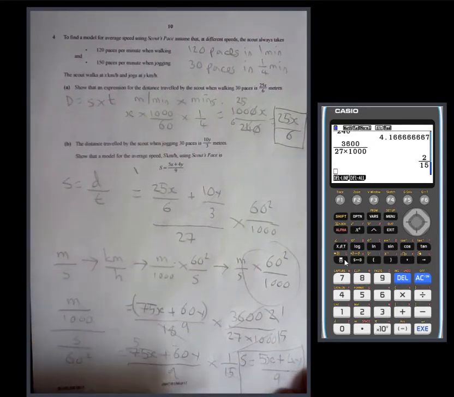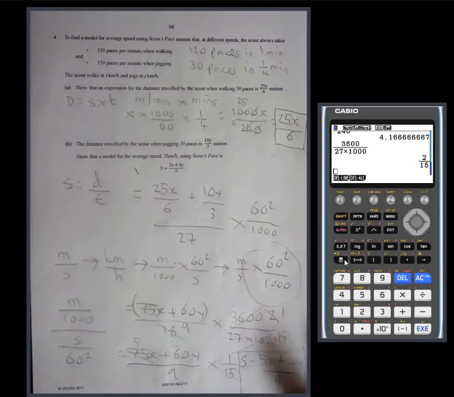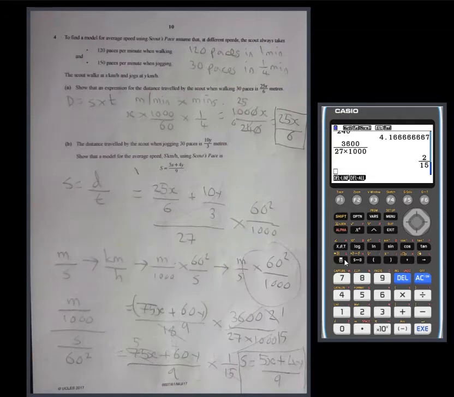I'm not necessarily suggesting this is the neatest way to do it, and I probably wasted a lot of space showing this again, which I wouldn't have done if I was just doing the paper and not explaining. But just remember, you don't necessarily have to be amazing at fractions, because you have the calculator at all times.